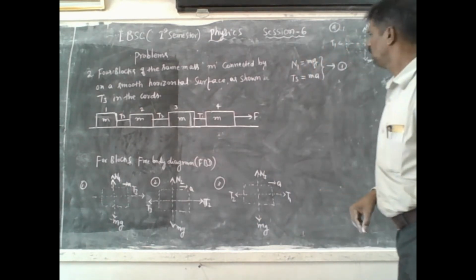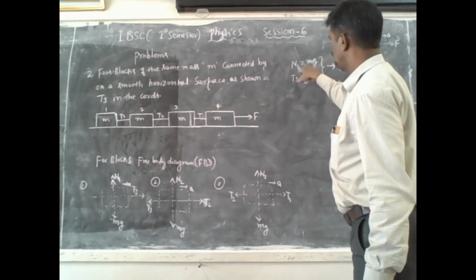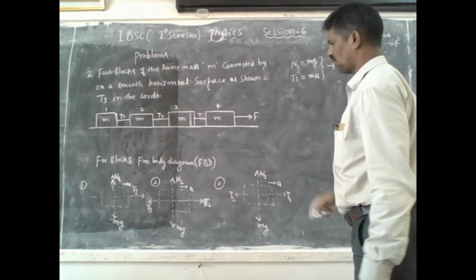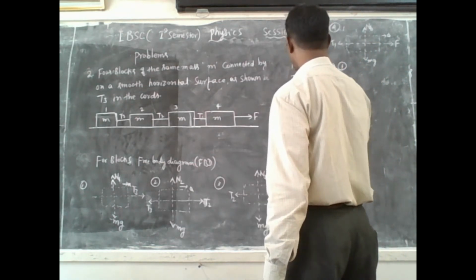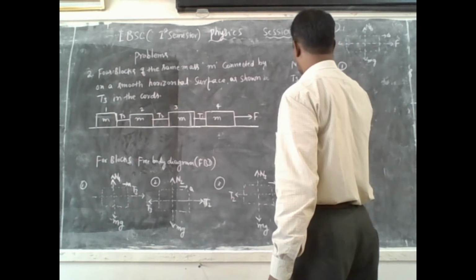We have to put equation number 1 because action and reaction are equal and opposite. N1 is equal to mg and T3 is equal to Ma, isn't it? This is equation number 1. And then now this is for block 1, isn't it?